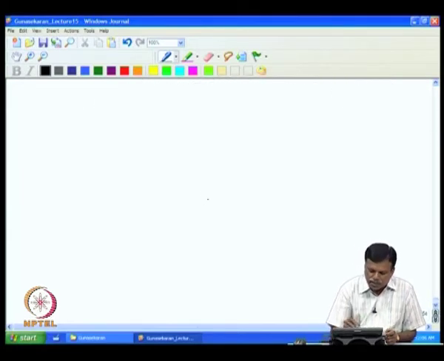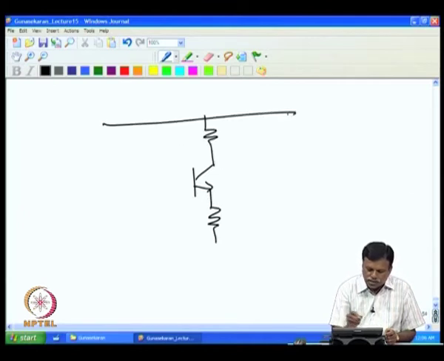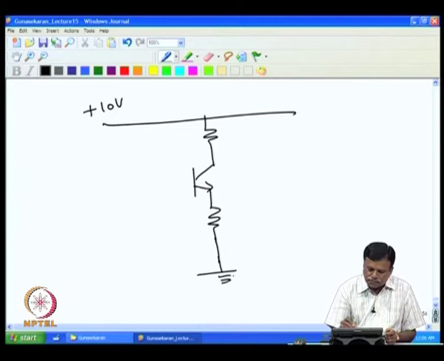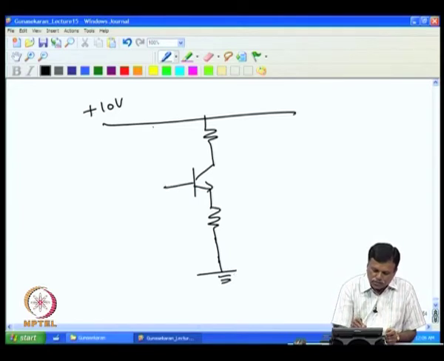If you look at the general transistor amplifier configuration, that looks like this. You have the transistor, then you have this resistance, and then the collector load resistance, and then this is the supply voltage plus 10 volt, and that is grounded here. Then we have the two biasing resistances.